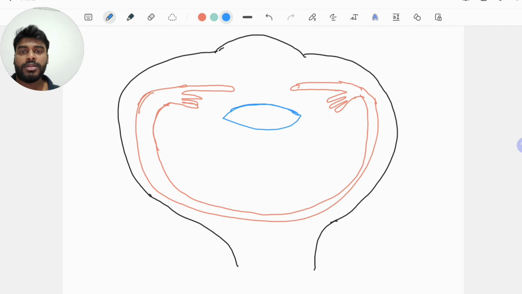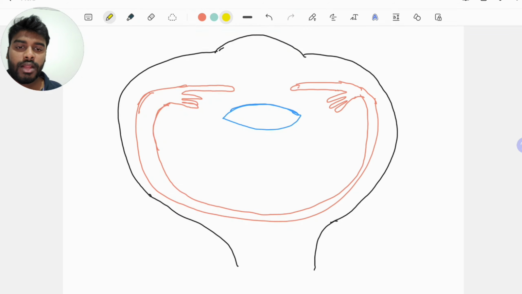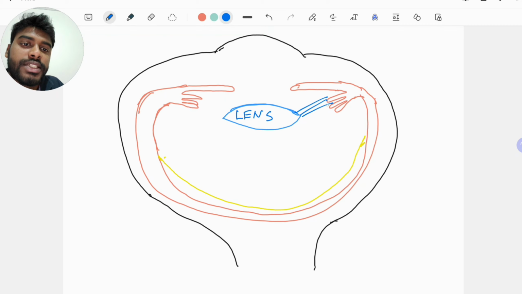Then I will use the yellow color to indicate the innermost layer of the eye, and this is your lens, and the lens has thread-like projections attached to it.